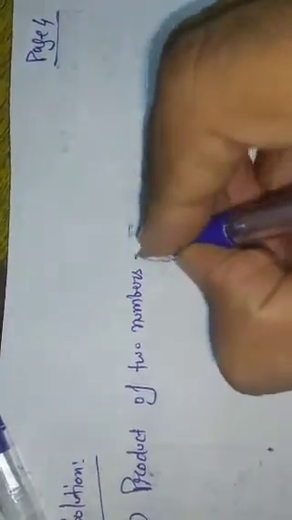Okay, clear students? So students, this is your page number 4 of today's class. Look at the solution of question number 5, A part. Remember the formula you will apply here: product of two numbers is equal to product of their HCF and LCM.